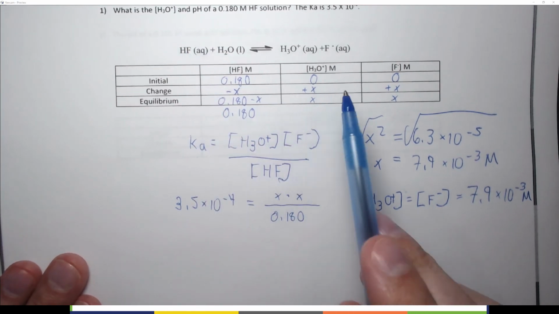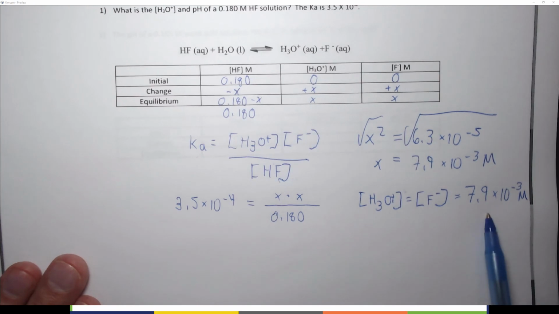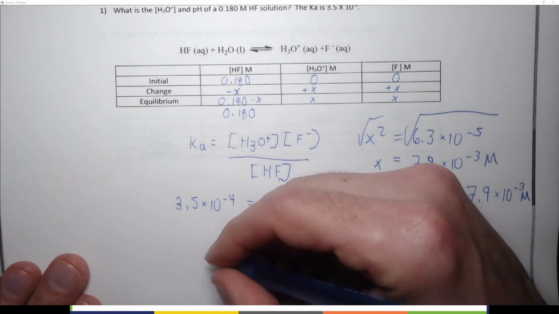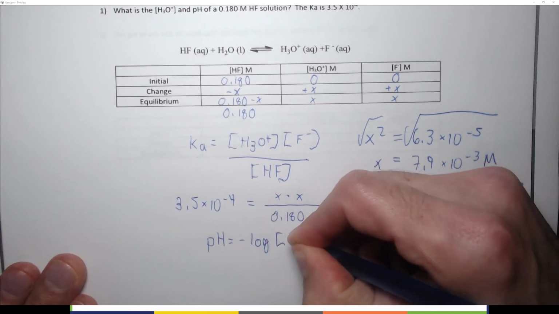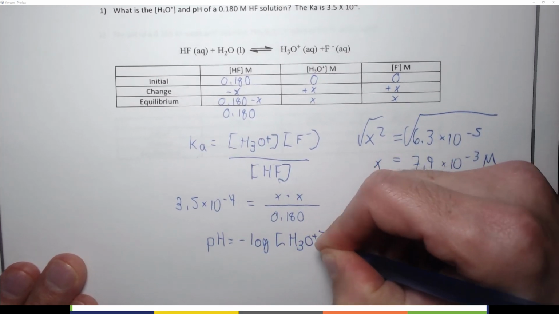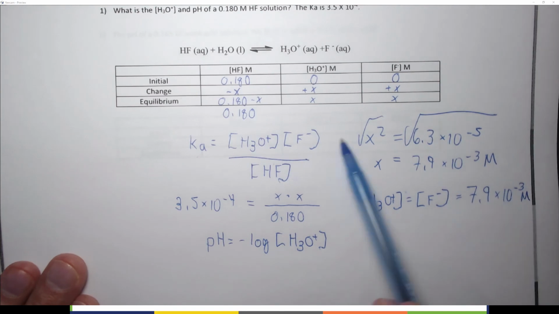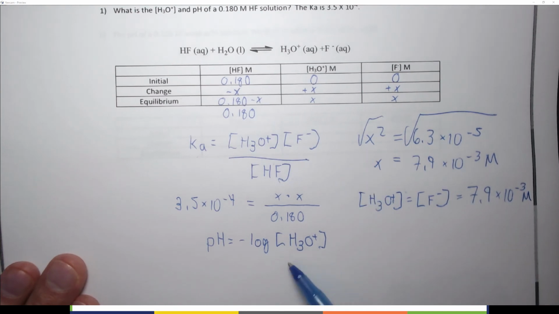All right, and the added step is, well, this is the concentration of H3O+. How am I going to find the pH? Well, the pH is equal to the negative log of the concentration of H3O+. So this is exactly what I did before. I'm just adding one little step at the end. So if you practiced this before, it's going to pay off now because you already know how to do this.